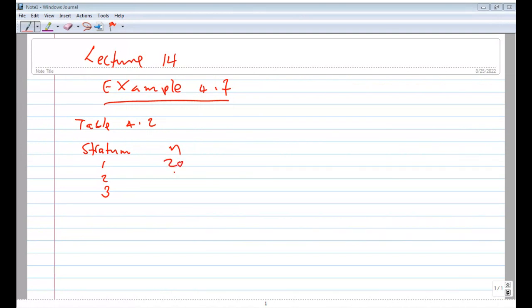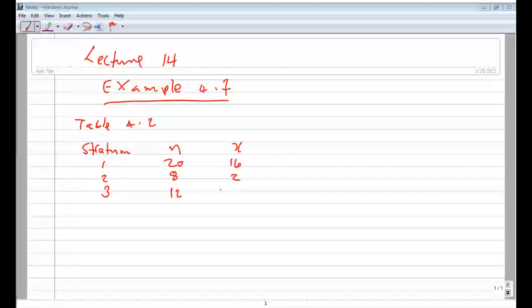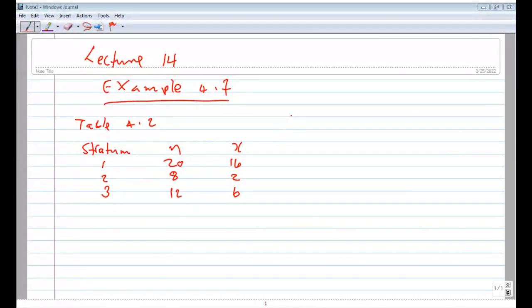Stratum number 1 is 20, stratum number 2 is 8, and stratum number 3 is 12. Then the number of households viewing show X, represented by x, is equal to, for stratum number 1, 16, stratum number 2, 2, stratum number 3, 6.